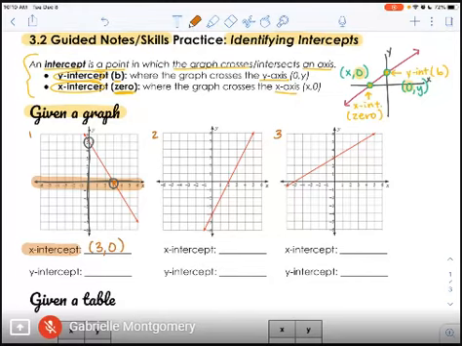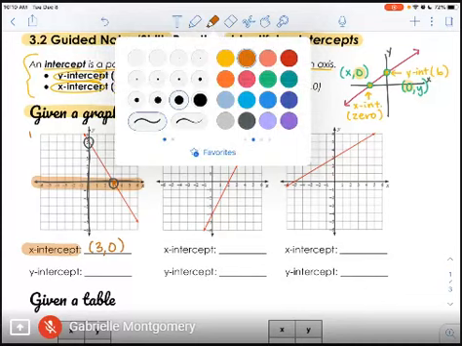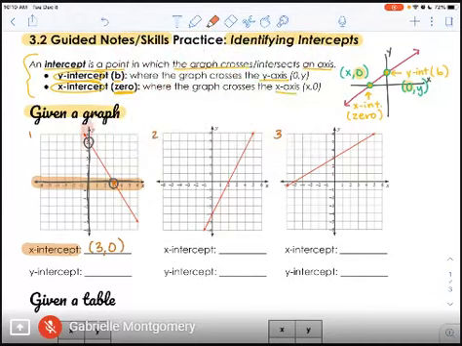We're going to express it as a point. Then we're finding the y-intercept. We should be pretty comfortable with this. I look at my y-axis. Where does this graph cross the y-axis? We cross at (0, 5). That is the y-intercept.